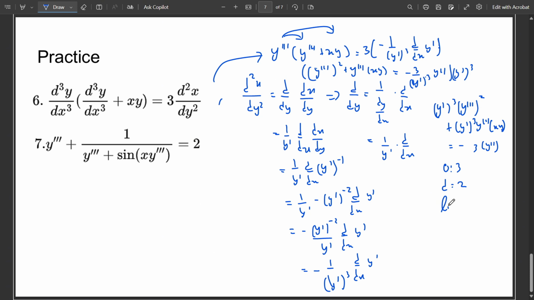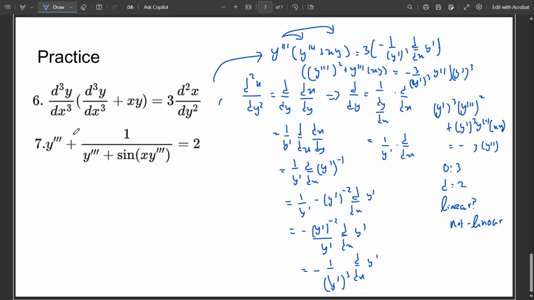And is it linear? Well, it's not linear. Why? Because of course the power is greater than 1, and there's a product of the derivative and the other derivative, so it's not linear.